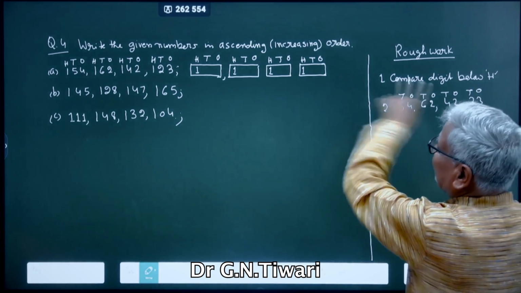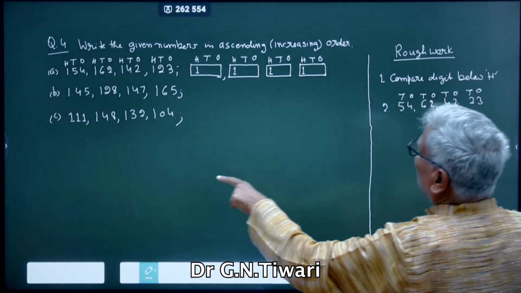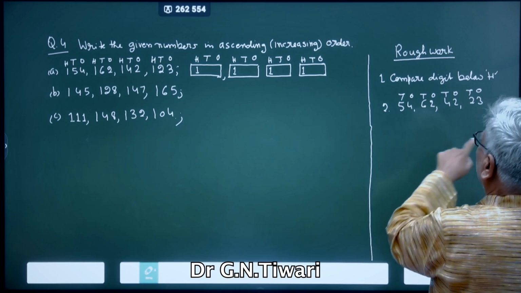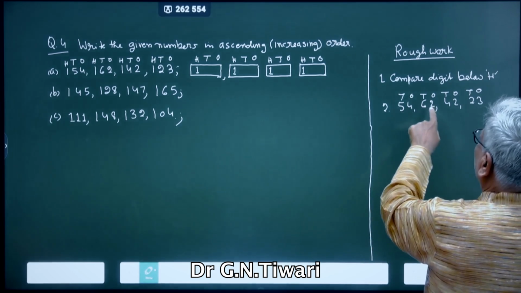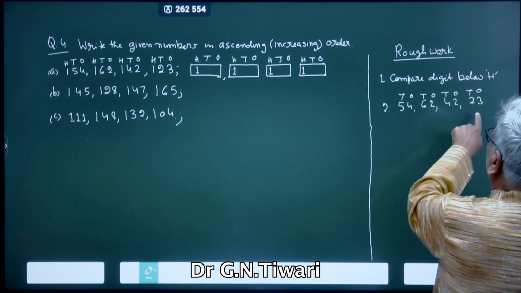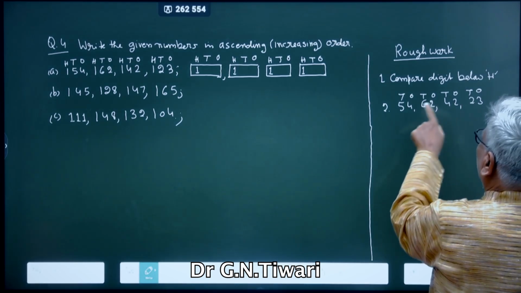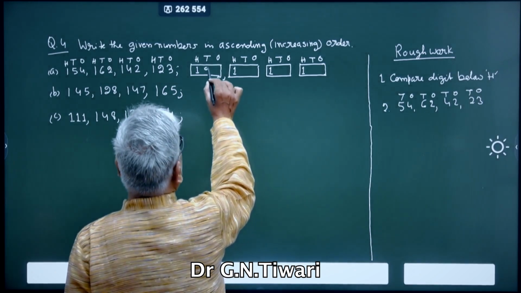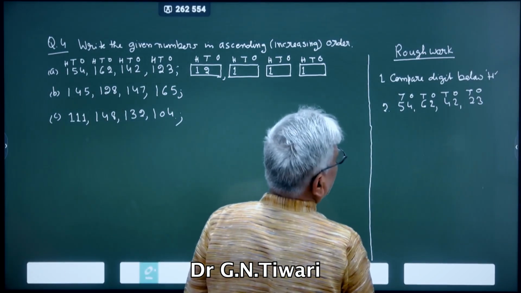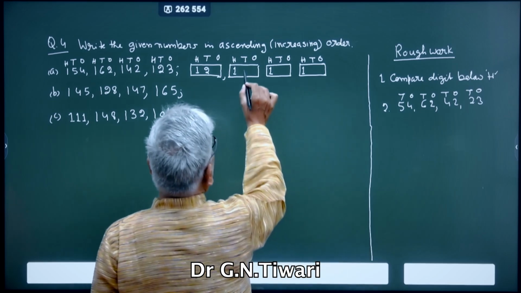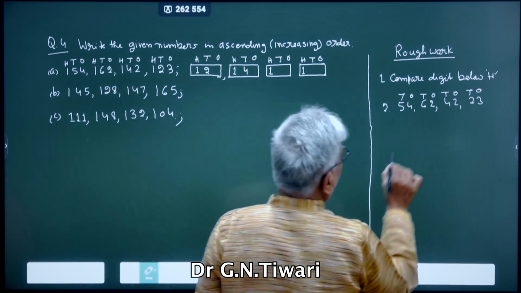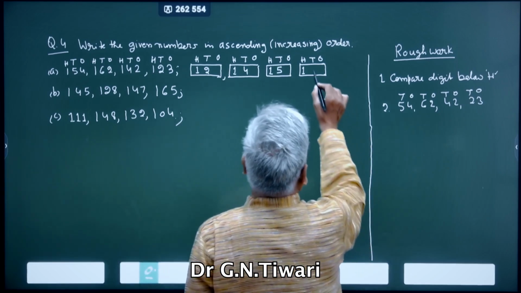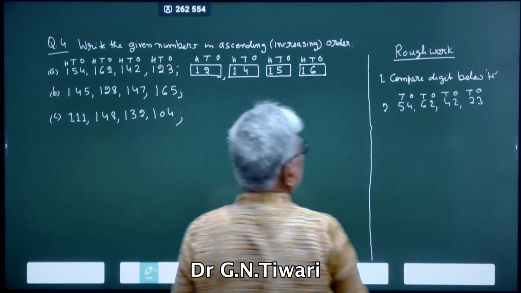Because ascending order means from lower to higher, so first you write lower. In this case, what is the lowest? 5, 6, 4, 2. 2 is the lowest, then 4, then 5, then 6. So first write 2 because it is an increasing order, and after 2 you write 4, after 4 you write 5, and after 5 you write 6.